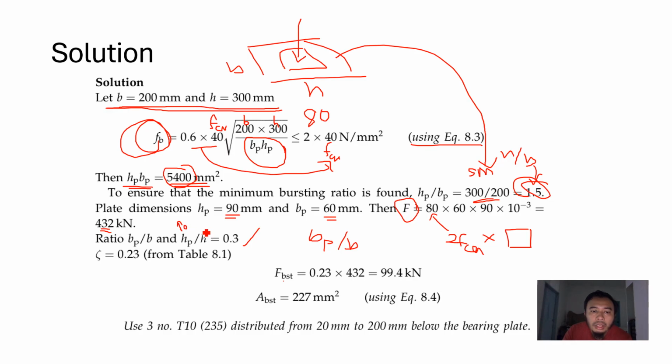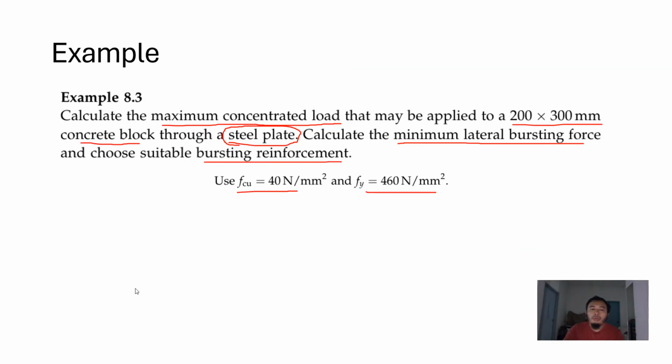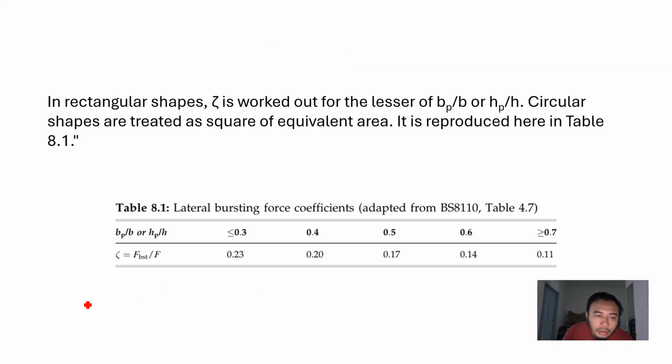over 300, and this is 60 over 200. So both values will give you 0.3. So check back from table 8.1, you can see that if it is 0.3 or less, then your bursting coefficient will be 0.23.